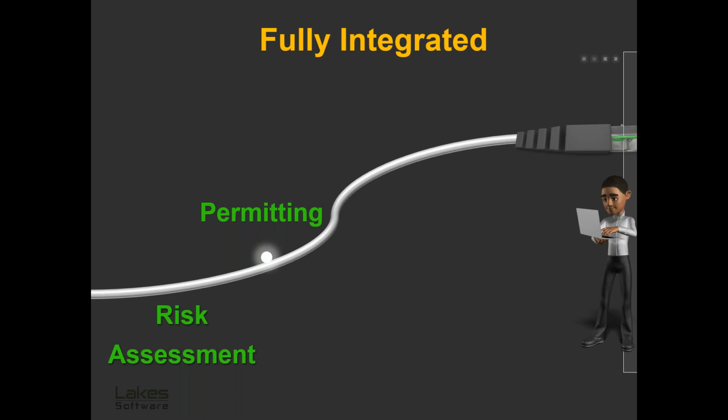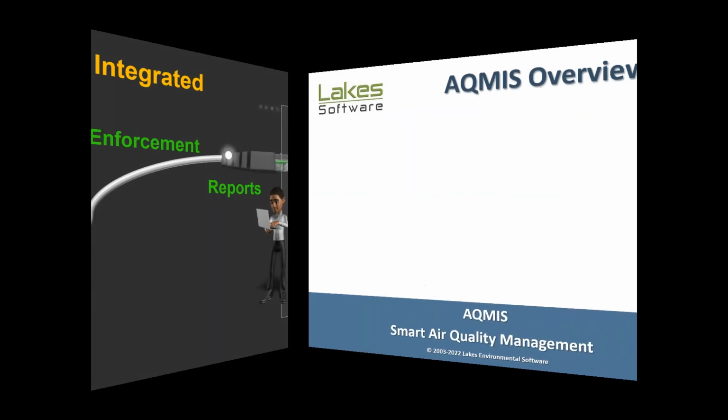Regulatory agencies can also manage receiving permits and issuing the license. And then enforcement by regulatory agency or by the audit team inside the facility, and then reporting. So integrated gives lots of benefits.